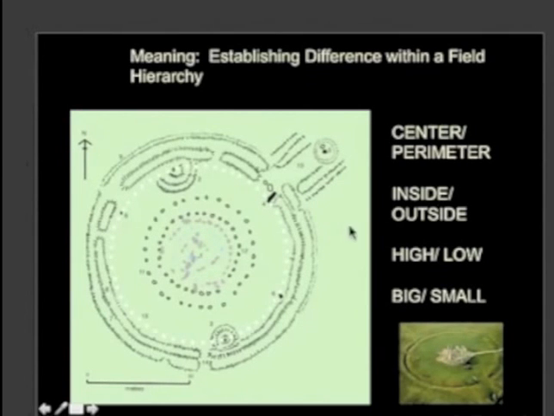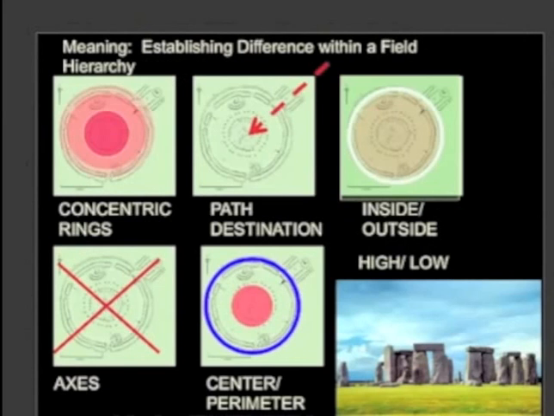In architecture, the way you establish meaning is by organizing difference within a field. So here we see, oh, green field, same, different, even more different, most different. And so we have all these different kinds of organizations inflecting toward a center, creating hierarchy, and establishing meaning within this organization.